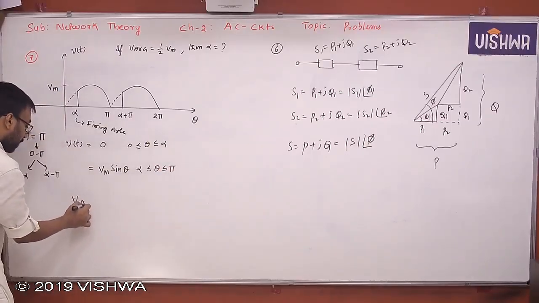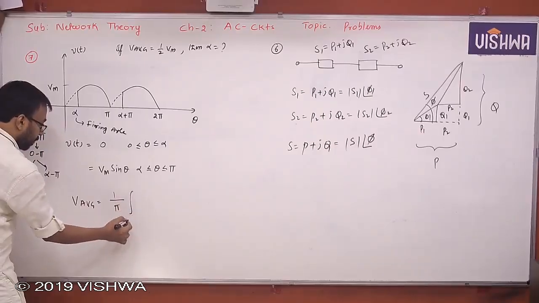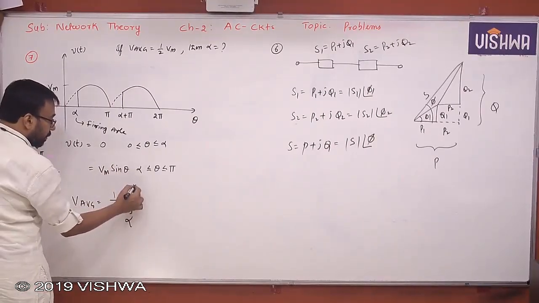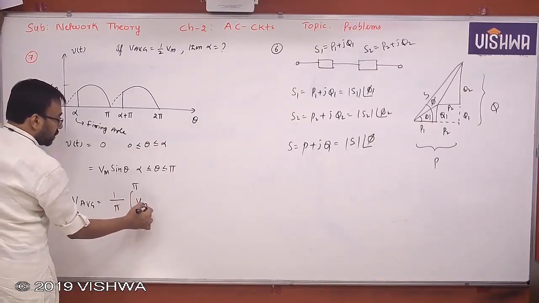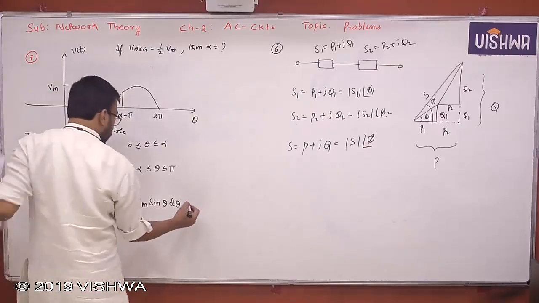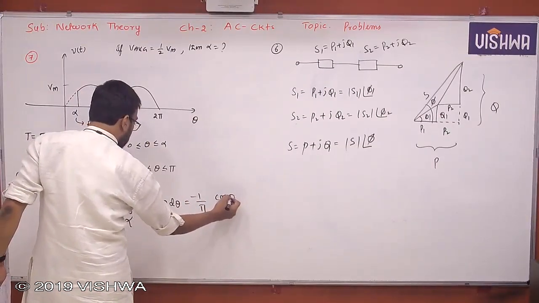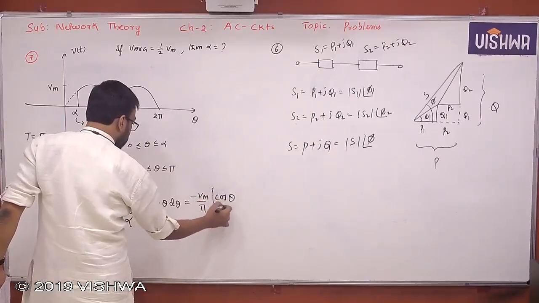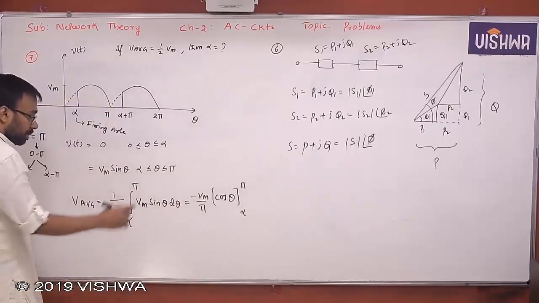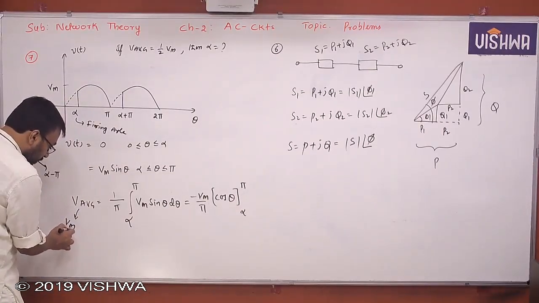So V average, we know the formula, 1 by pi. 0 to alpha, it is 0, then alpha to pi, V max sine theta d theta. So you get 1 by pi, minus cos theta, V max, from alpha to pi. So substitute there and then simplify, because this value is given as V max by 2.